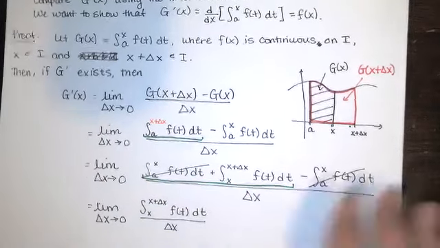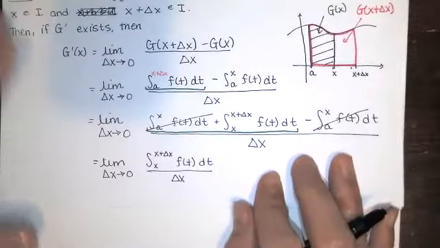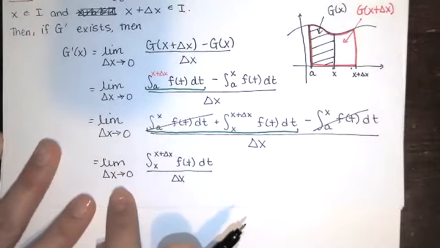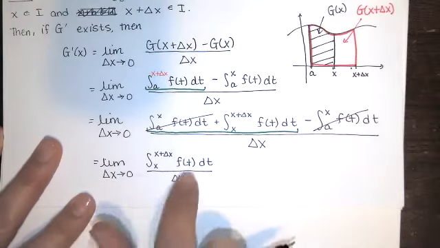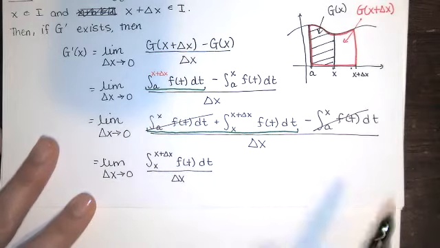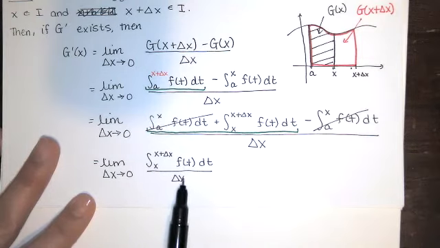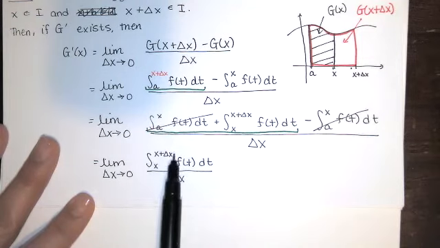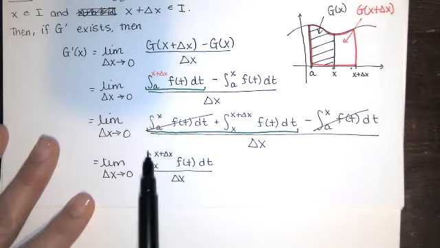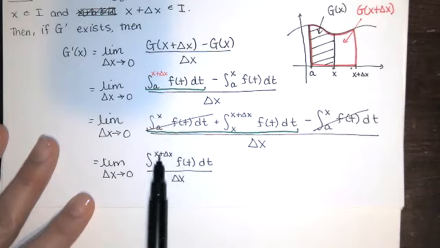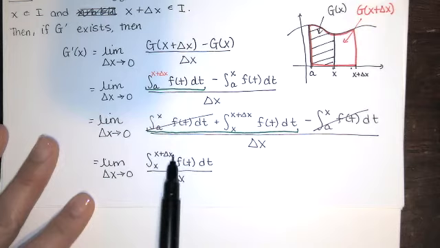Okay. Now, if I can, I would like to let delta x approach 0. Now, as delta x approaches 0, we'd be dividing by 0. That might be a problem, but as delta x approaches 0, the denominator approaches 0, and this upper limit of integration also approaches x because delta x is going to 0.